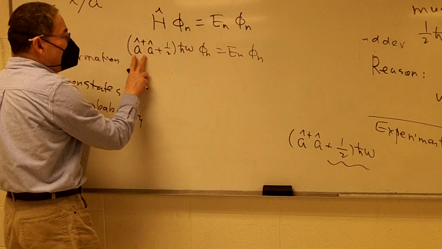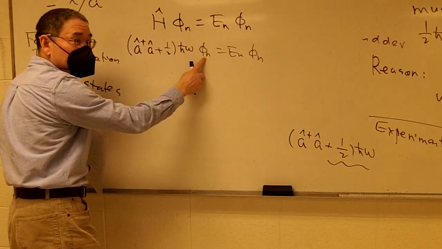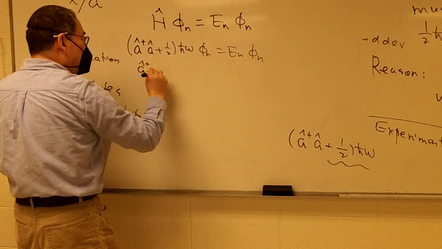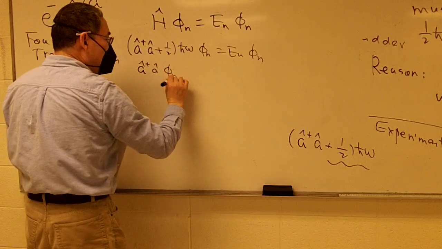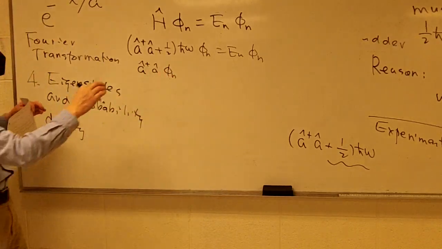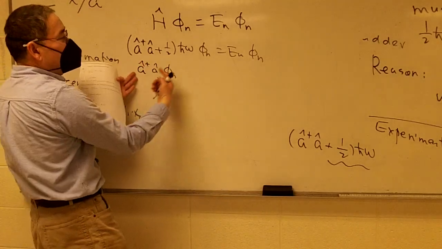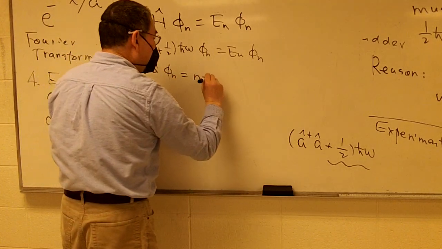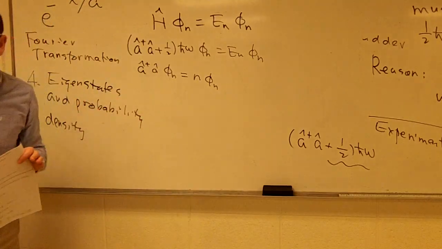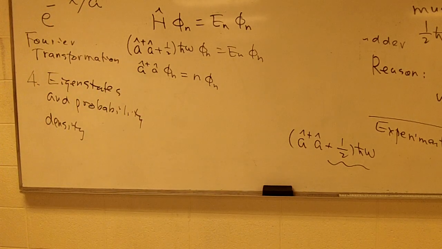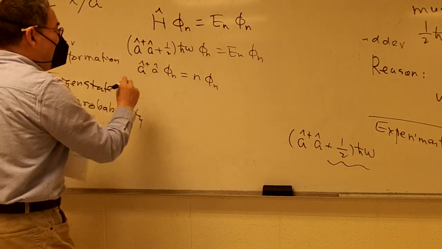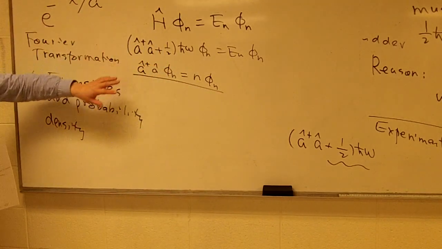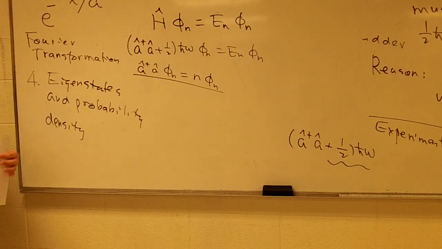Now, when A dagger A is applied onto this phi sub n, so I'm going to write this down. A dagger A applied to phi n, this particular part, remember without the 1/2, this part applied onto this is going to equal n. n is a quantum number, starting from 0 all the way up like this. And this is assumed. Everything that I wrote over here is all assumed. I didn't prove it.